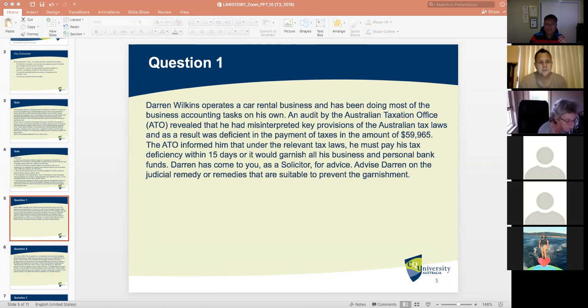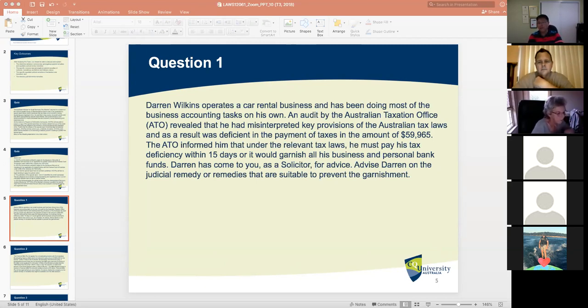Or ask ATO for an extension like every other business does. Okay, that's one idea. But imagine this situation, right? The ATO is about to garnish funds. And can you imagine the impact on a business if the funds are garnished? There won't be any money to pay suppliers, no money to pay employees, and so on.